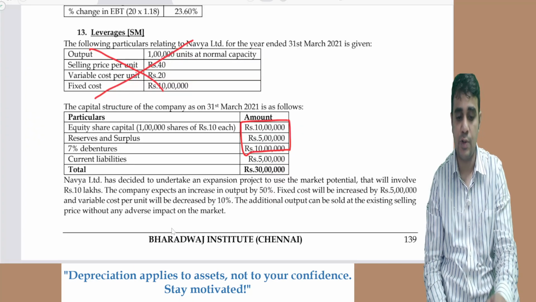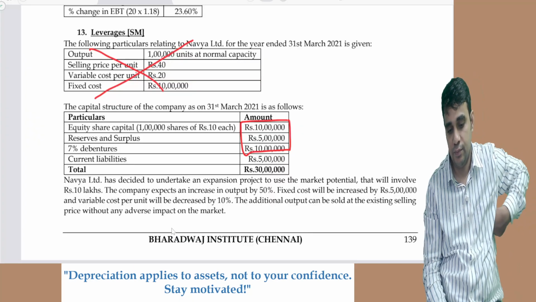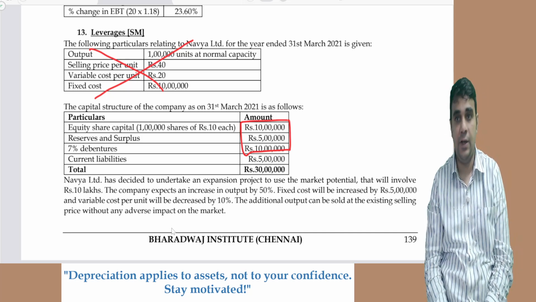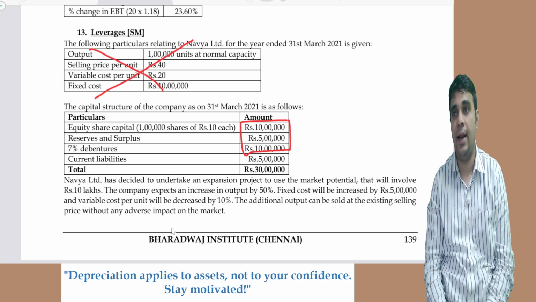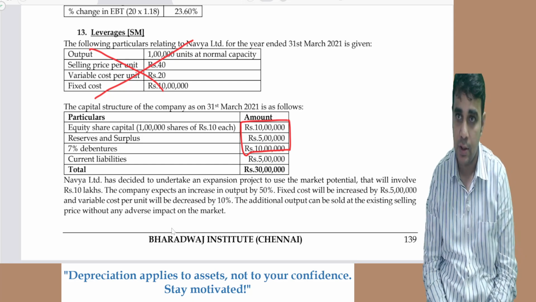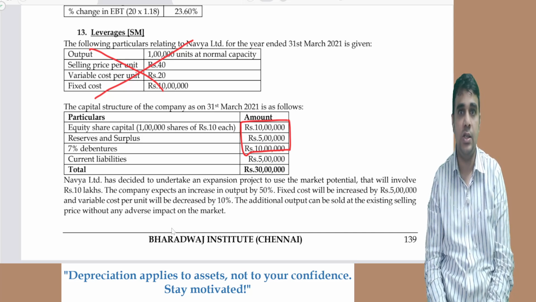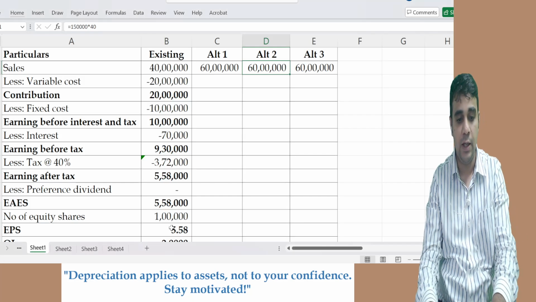Variable cost earlier was 1 lakh into 20. What will it be now? It will be 1 lakh 50 into 18. You cannot directly deduct 10% from the overall cost. Overall variable cost you cannot deduct. At per unit you have to do. So any change in variable cost means a change in variable cost per unit. 1 lakh 50,000.